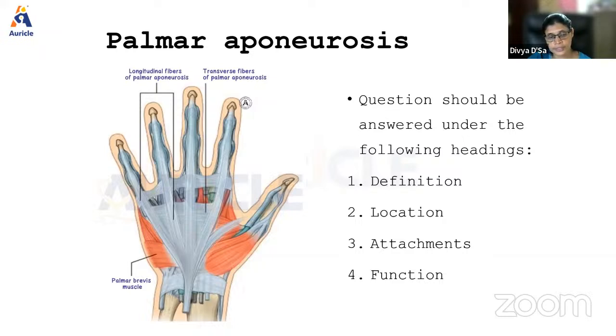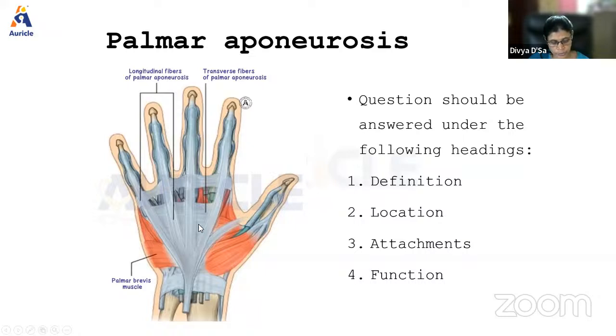Okay, so it is also considered as the degenerated part of the palmaris longus muscle. So the deep fascia here, what happens is in the palm, it is thin over the thenar. This is the thenar, this is the hypothenar part. It is thin over this part, whereas in the center it gets thickened. It forms the palmar aponeurosis.